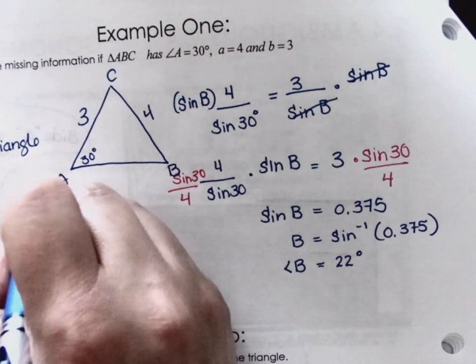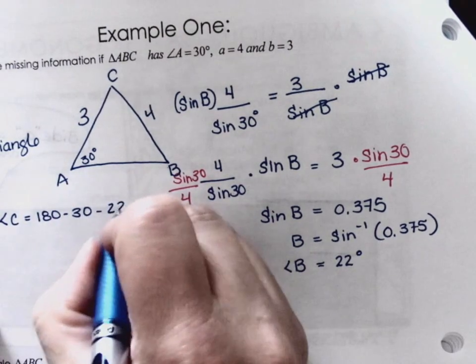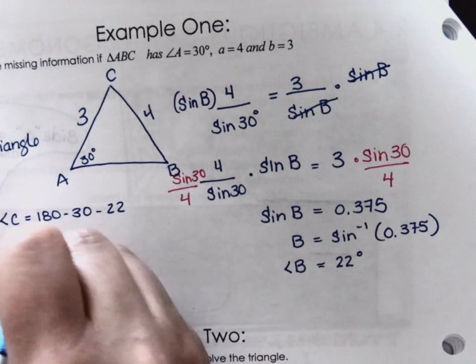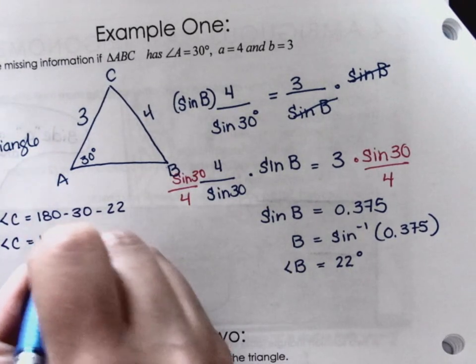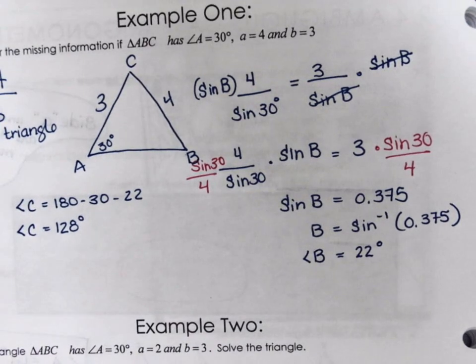Angle C is 180 minus 30 minus 22. Does that make sense to everybody? Everybody good?